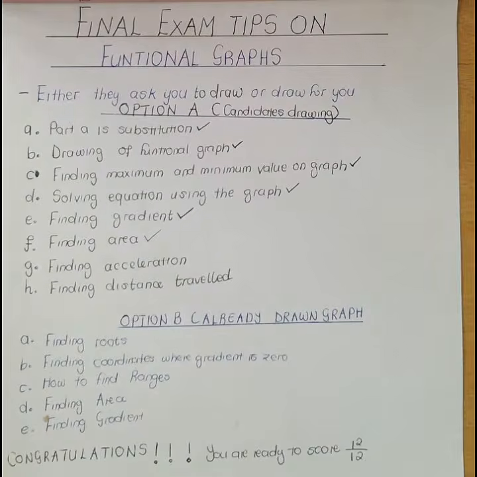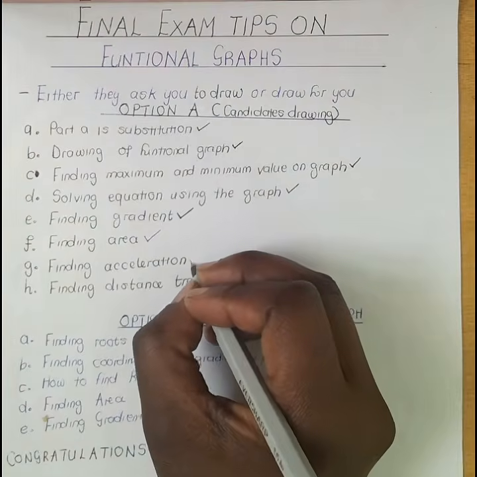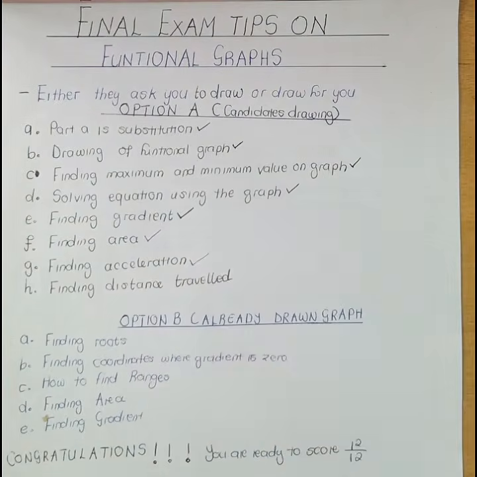So we are done with the objective on acceleration. The way you find the gradient is the same way you find the acceleration. And when you are dealing with acceleration, please don't forget to write the units, which is meters per second squared. And then finally, you're supposed to be able to find the distance traveled.